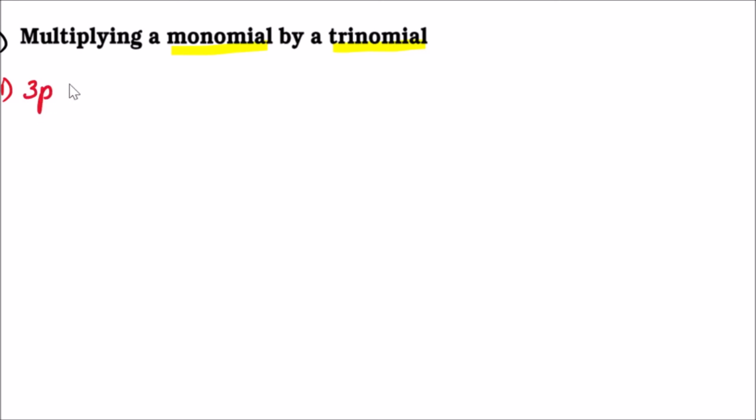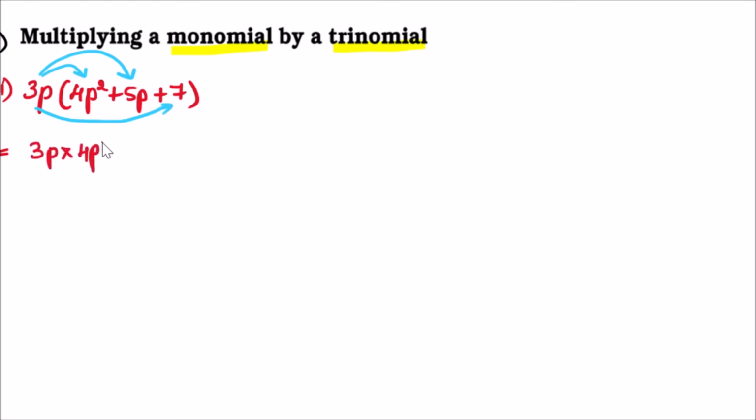So 3p into 4p square plus 5p plus 7. Okay, so how to solve it? Distributive law. So 3p will be multiplied to 4p square, this will be multiplied to 5p, and also it will be multiplied to 7. So we will see how to do that step by step. 3p into 4p square, now this 3p will be multiplied to 5p.